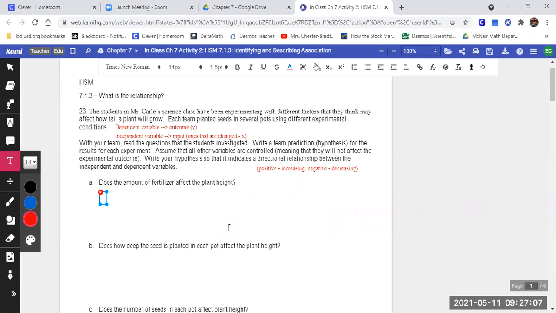What does it say is happening? Read what the question says. Which one is the one that we'd be making changes to? Fertilizer or plant height? Which one do we think is doing the change and which one got changed? Okay, so which one is doing the change, the fertilizer or the height?